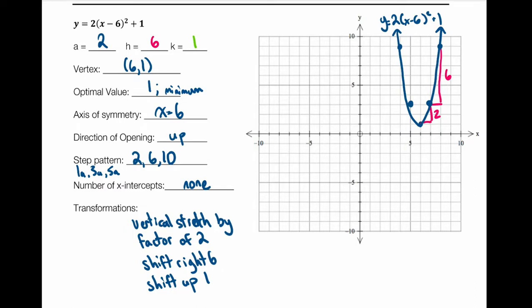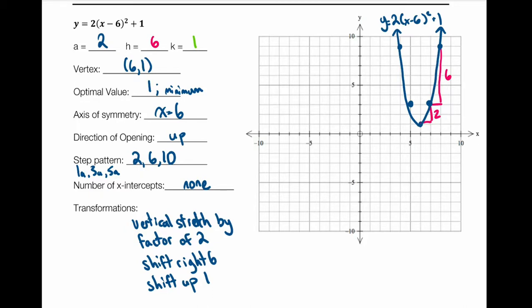Number of x-intercepts in this case, if you plot the vertex at (6, 1), and notice that it opens up, it's not going to cross the x-axis, so we're going to have no x-intercepts. Transformations, we had a vertical stretch by a factor of 2, same as the last one, a shift right of 6, and shift up of 1.